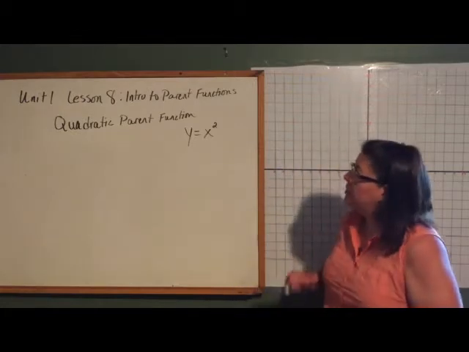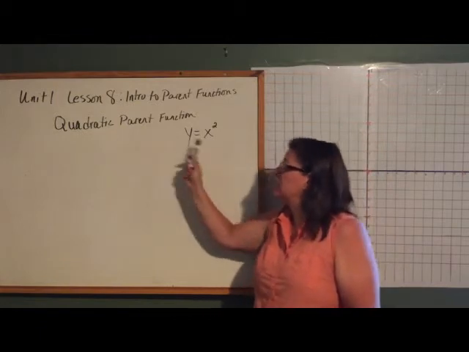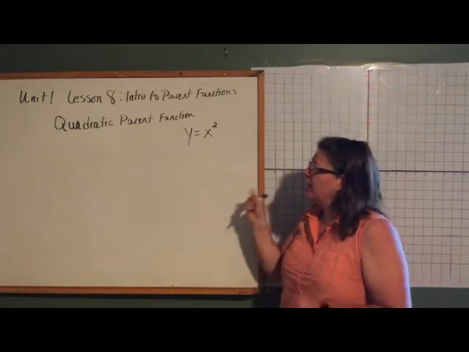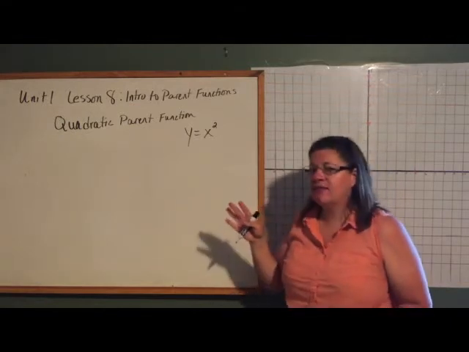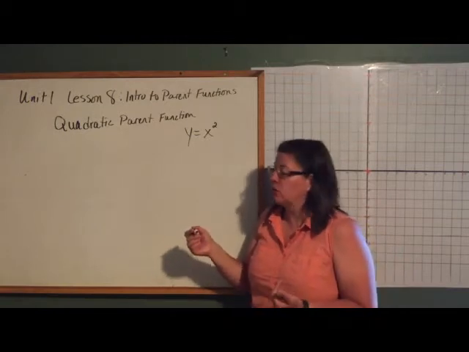Okay, so basically what we're going to do, the parent function of a quadratic function is y equals x squared. And the quadratic function has something called graphing form, or vertex form, some books will call it.